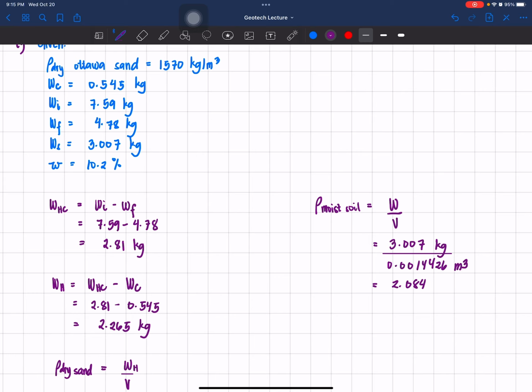Is that right? Could you please check your calculator? It's 2084 kilograms per m cube.